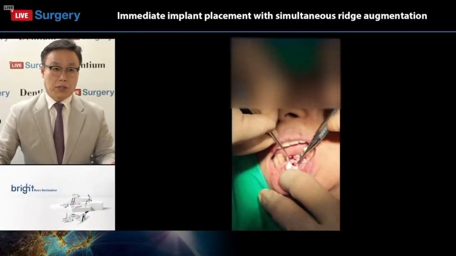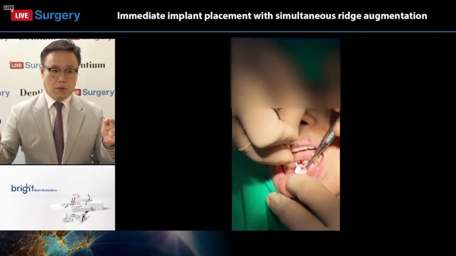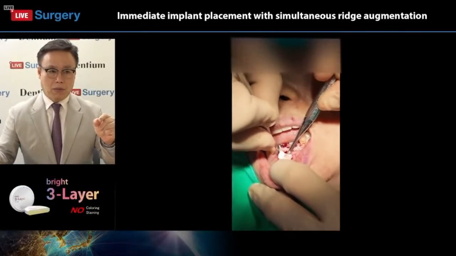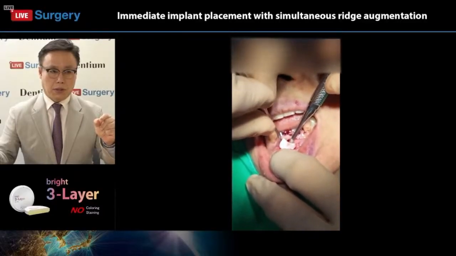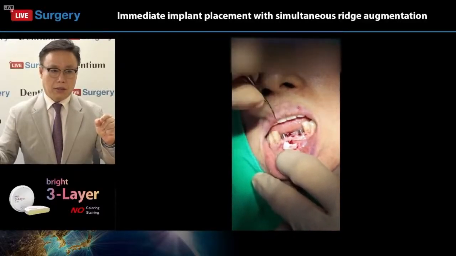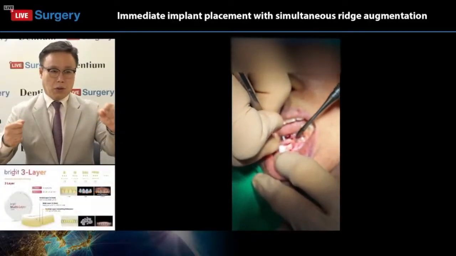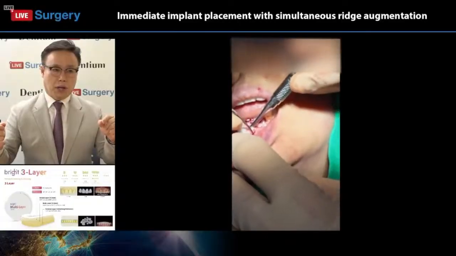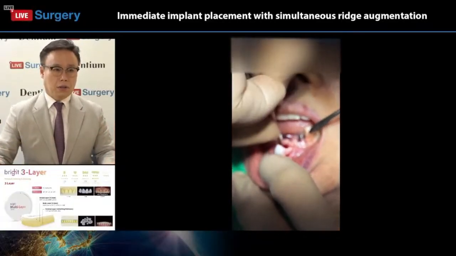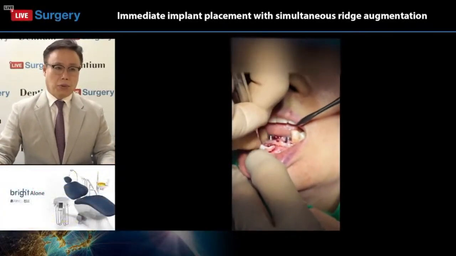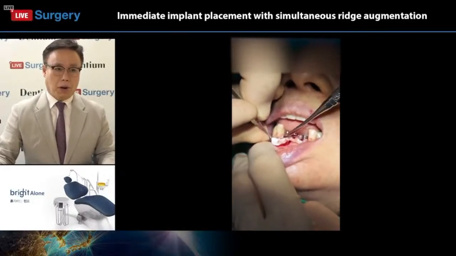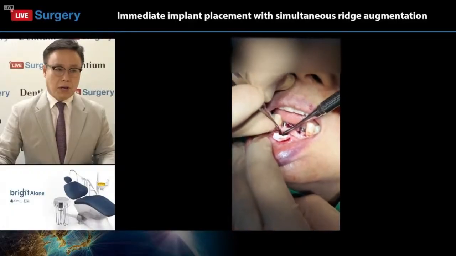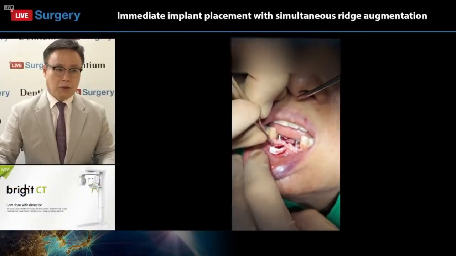So always use two hands. The left hand stabilizes the membrane with one periosteal elevator, and on the other side we are changing the location, pushing, and sometimes we draw, and sometimes we have to push, making the ideal position, just like a pouch. So now we evaluate how much bone we have to apply.